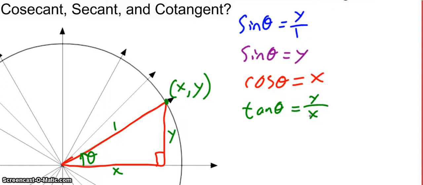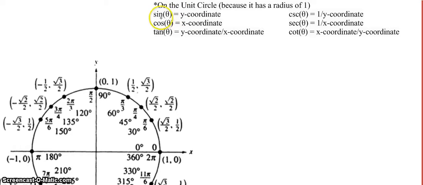Now, what about the reciprocal functions, cosecant, secant, and cotangent? Well, those are the reciprocals of these. So if we put this all together, sine of theta is the y-coordinate, cosine of theta is the x-coordinate, tangent of theta is y over x, cosecant of theta is 1 over the y-coordinate, secant of theta is 1 over the x-coordinate, cotangent of theta is the x-coordinate over the y-coordinate, because these are reciprocals. Boom. That's how they relate.